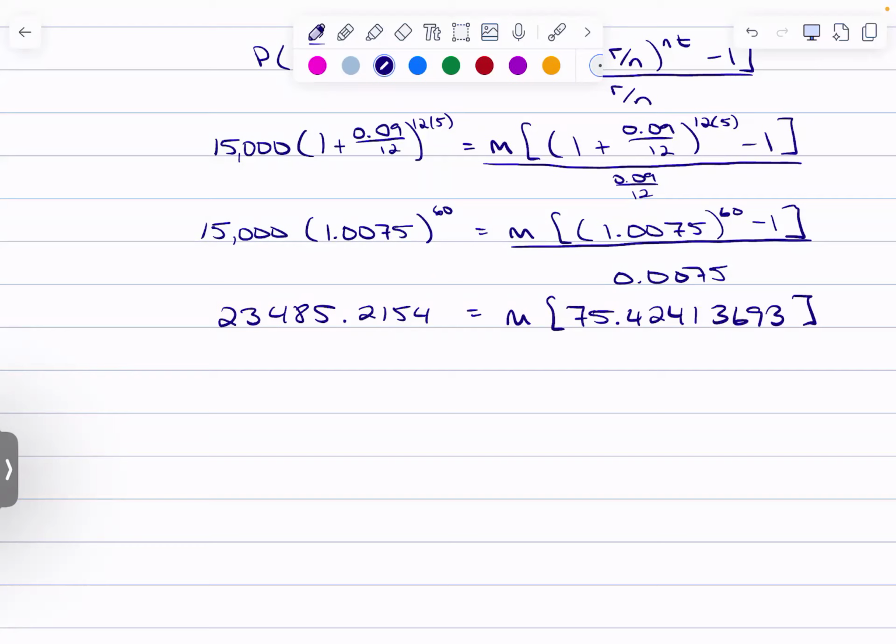Oh, square brackets. Did I do it wrong? I'm open to being wrong a lot of the time. Phew. Solving for M then, I get 23,485.2154 divided by 75.424133693.